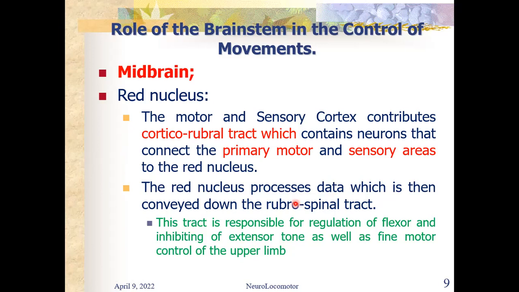So collaterals are sent to the red nucleus, and there are also fibers that descend directly into the motor nuclei of the spinal cord. The rubrospinal tract is responsible for regulation of flexor and inhibition of extensor tone, as well as fine motor control of the upper limb.